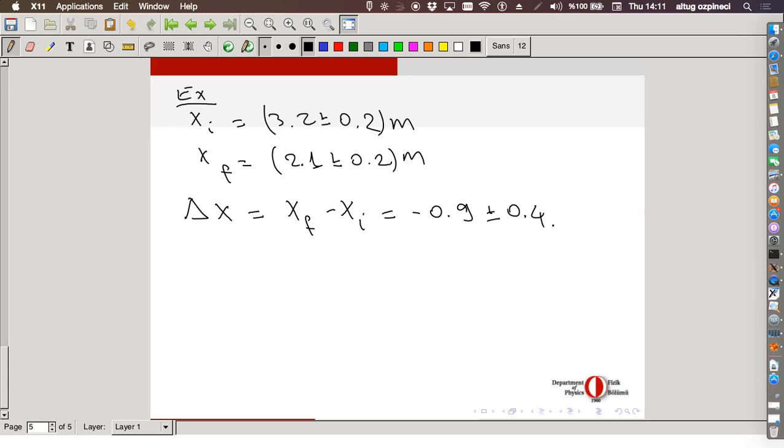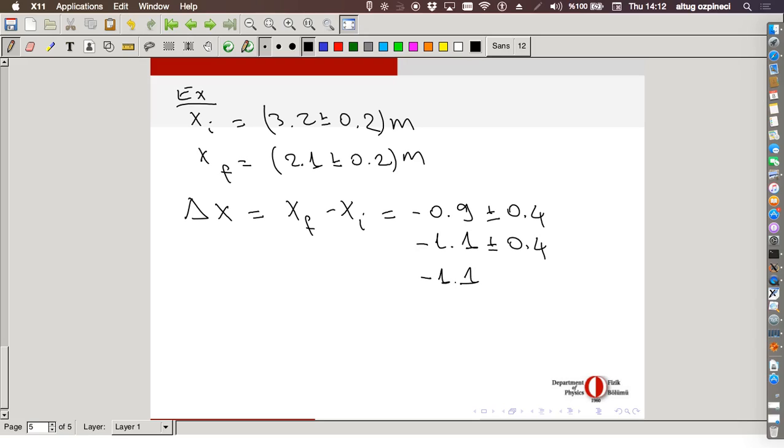Somebody else? 1.1 plus minus 0.4. Minus 1. Okay. Somebody else? Both of these answers are wrong. Negative 1.1.